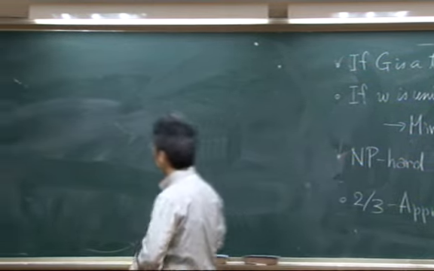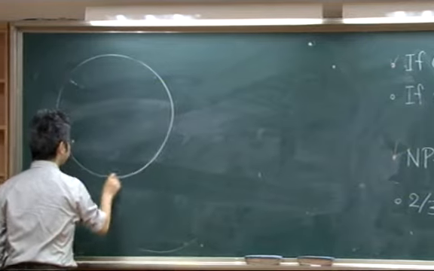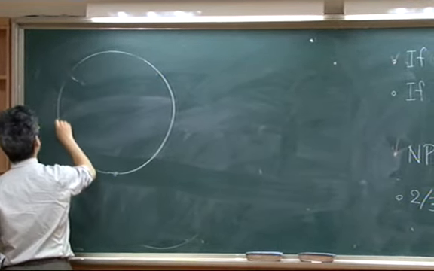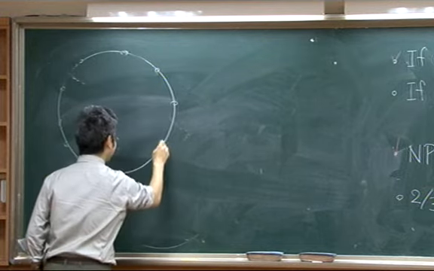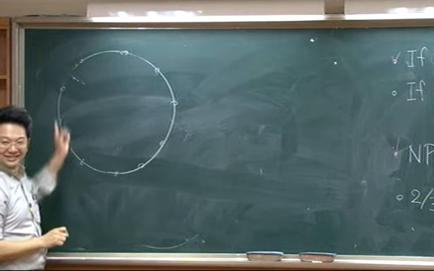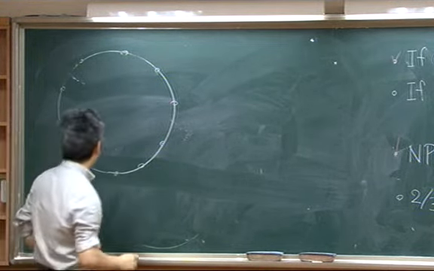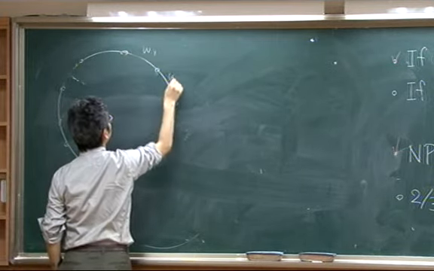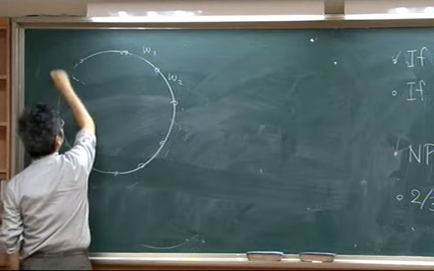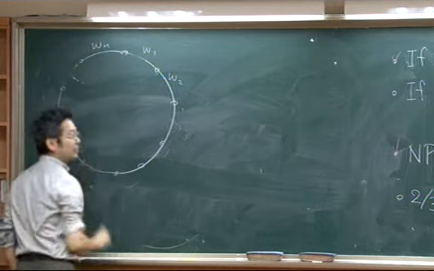Okay. So here's a cycle, and we have weights W1, W2, up to Wn.